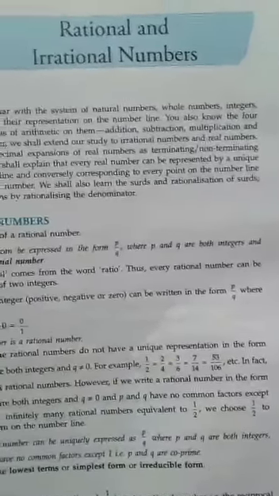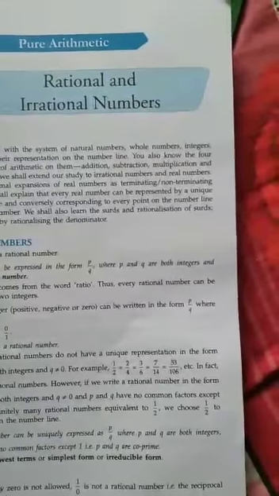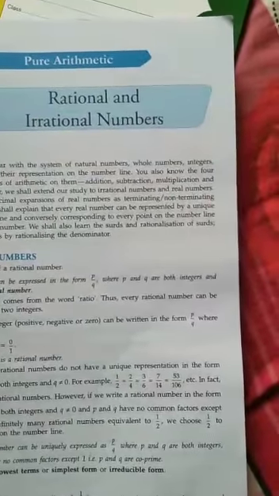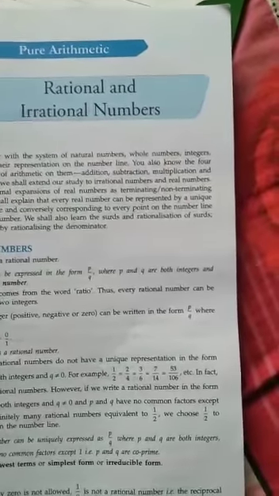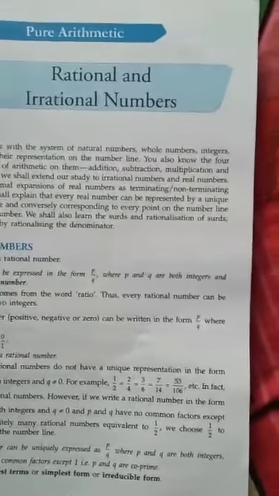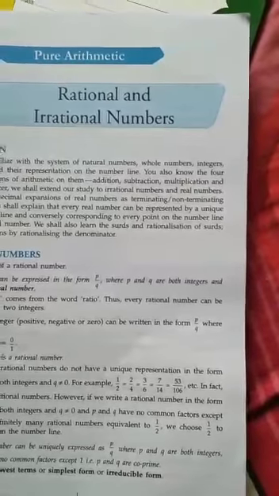So now we can say that in the case of rational numbers, the numerator and the denominator are co-prime, that means they have no common factor other than 1.